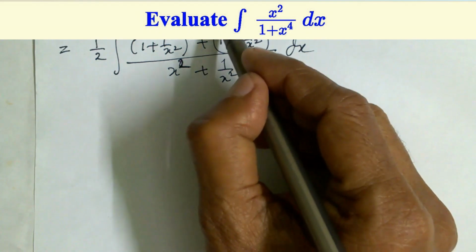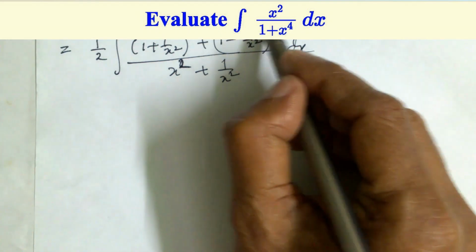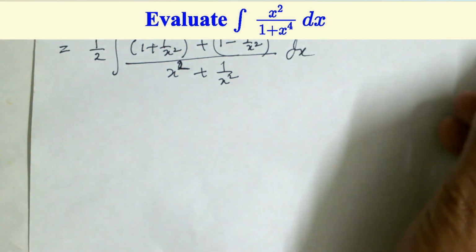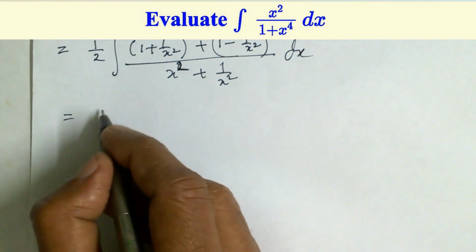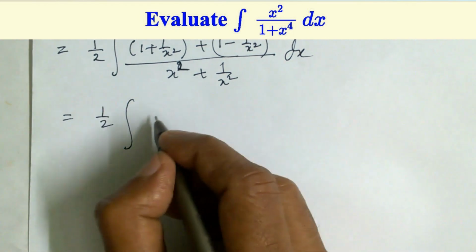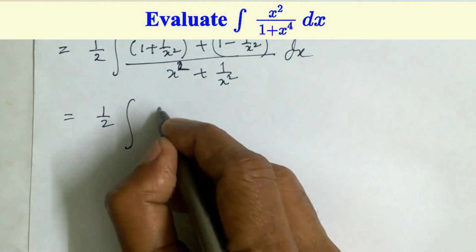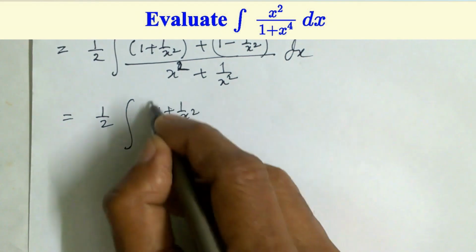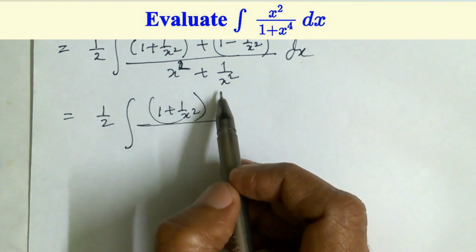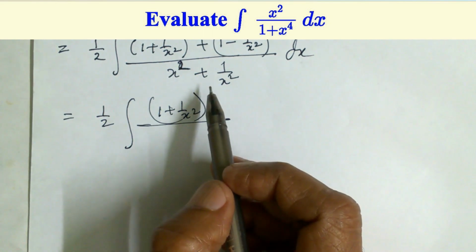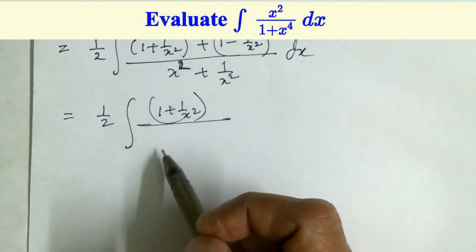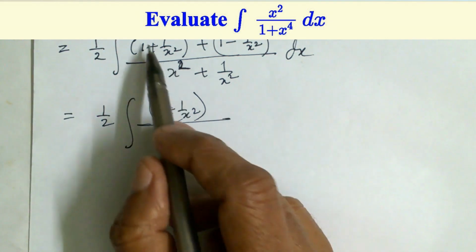First break into two parts. Now here draw a line, it will be better to understand. That is equal to half, break into two parts, 1 plus 1 by x square by, now writing x square plus 1 by x square, such that after derivative of that, the denominator will be this function.